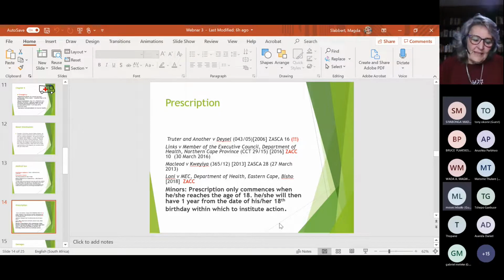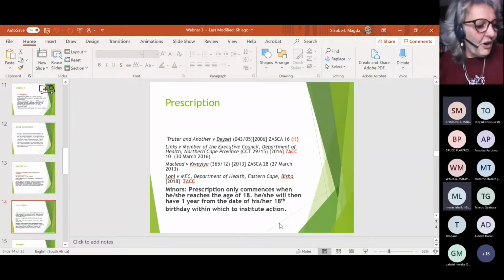So those 4 cases will help you when you want to research prescription, just to check whether you've got a solid case, or if you are faced with prescription, to go back and see how it was dealt with in these cases. When there are minors involved, remember prescription only commences when he or she reaches the age of 18. He or she will then have 1 year from the date of his or her 18th birthday to institute action.